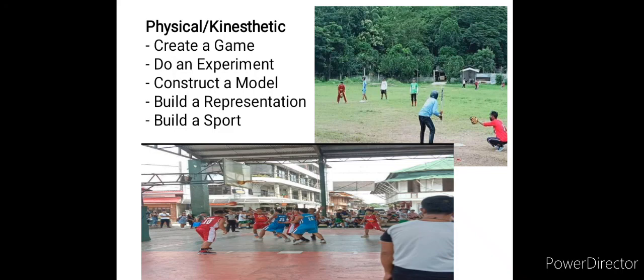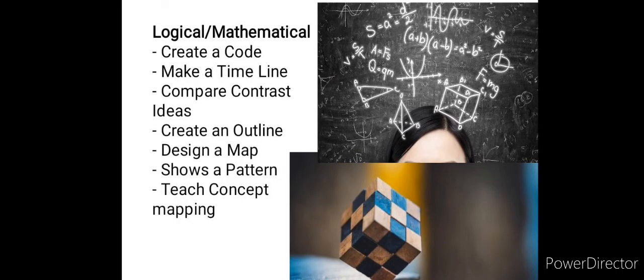The next style is logical or mathematical, where I create a code, make a timeline, compare and contrast ideas, create an outline, design a map, show a pattern, and teach concept mapping.